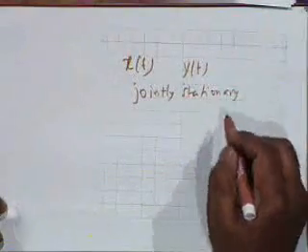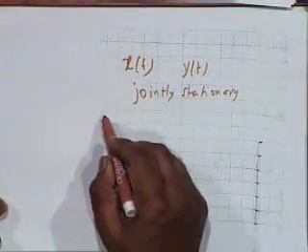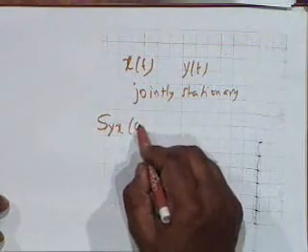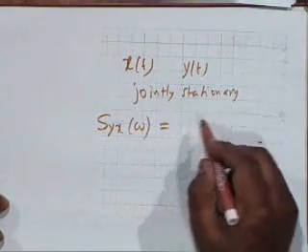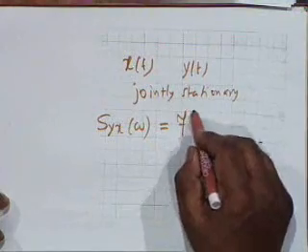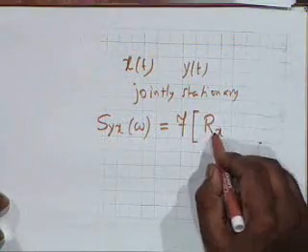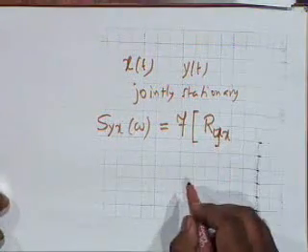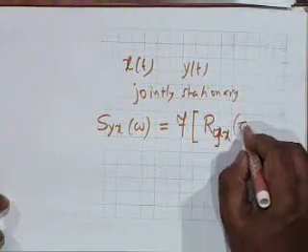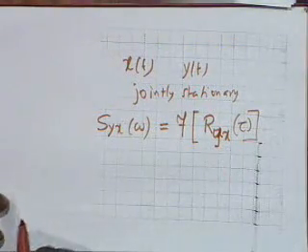And if the processes are jointly stationary, that is x of t and y of t are jointly stationary, only then we can say that S yx of omega shall be equal to the Fourier transform of R yx of tau. If they are jointly stationary, not otherwise.